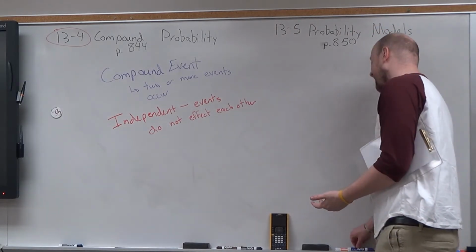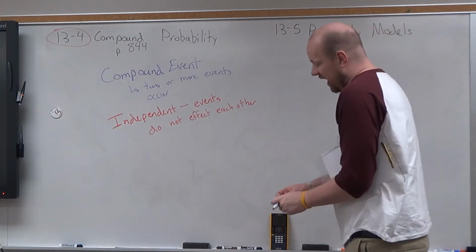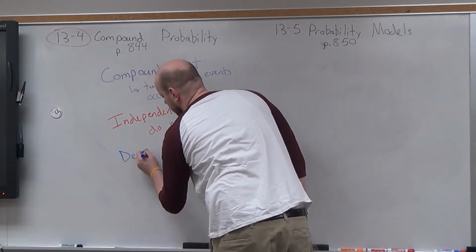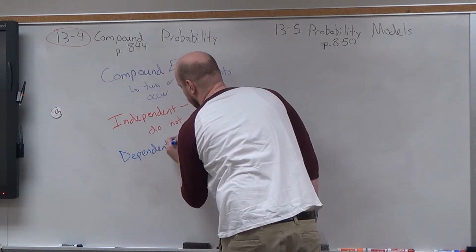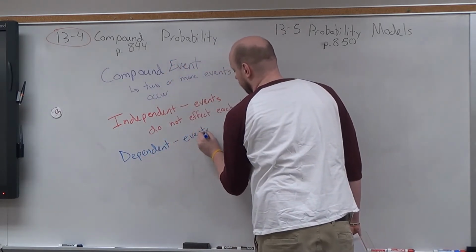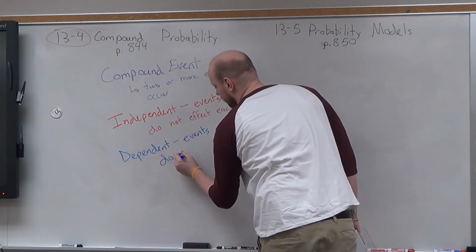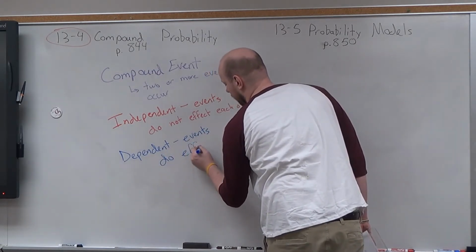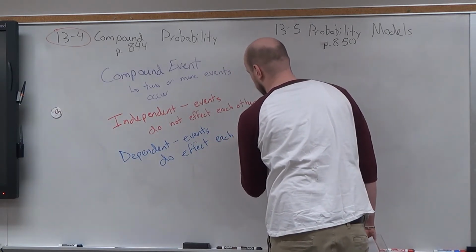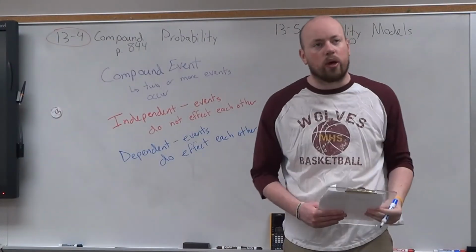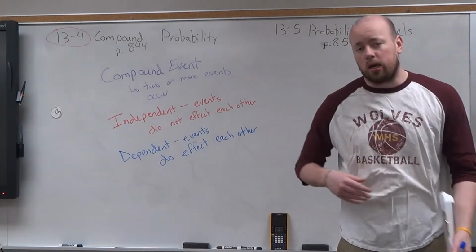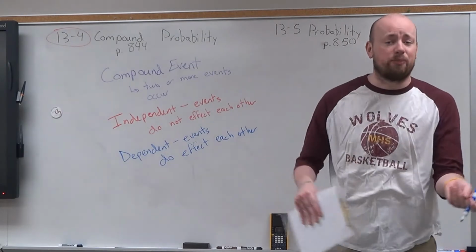So, if that's what an independent event is, logic dictates we can also have a dependent event, where events do influence each other, do affect each other. Typically, one event will affect the other one. So an example would be, let's say a magician comes up to you with a whole deck of cards and says, pick a card, any card.